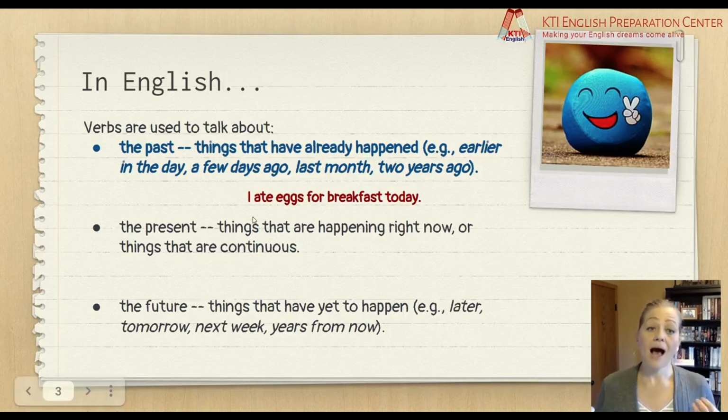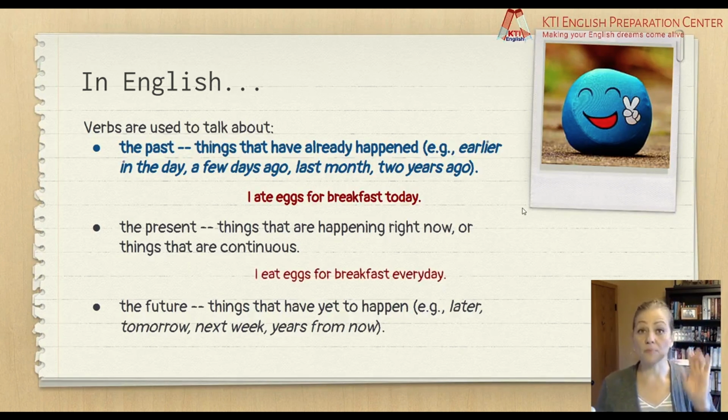So for example, I ate eggs for breakfast today. That's a past tense. It's already finished. I have eaten the eggs. There's a different verb tense. We talk about present tense, things that are happening right now, or continuous actions. We were looking at that last week. I eat eggs for breakfast every day.